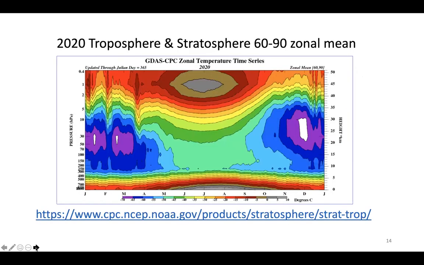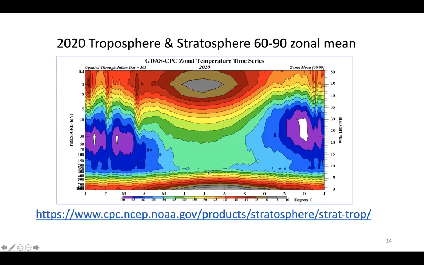This slide I've included is NOAA data that illustrates how the temperature structure of the atmosphere varies throughout the year. This is for the year 2020, for a region that's sort of an average for the 60 to 90 degree latitude regime.